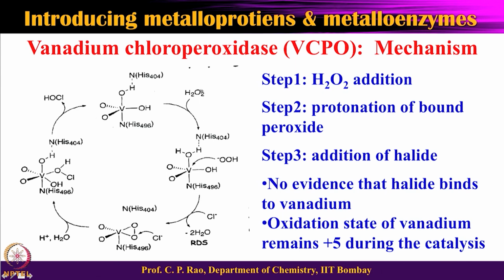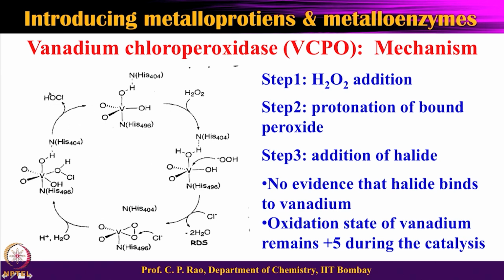And this, in the presence of H2O2, will interact with the peroxide, and then the peroxide species will be bound. This, in the presence of the halide, can break and form the hypohalous acid. This is the species which interacts with the substrate and gives the halogenated substrate, and then goes back to the normal.